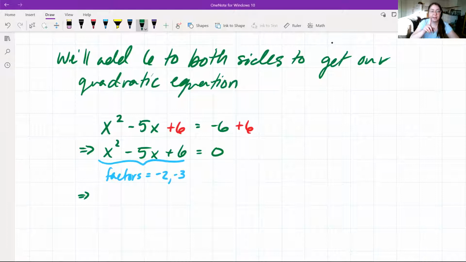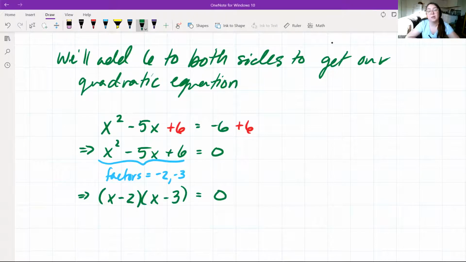So if we write our trinomial, which we said we can always express in factored form, we're going to express our trinomial in factored form to get x minus 2 times x minus 3, which we're now setting equal to 0.